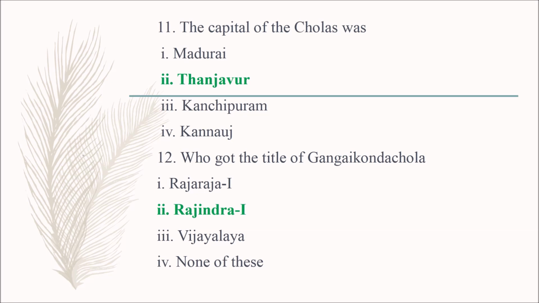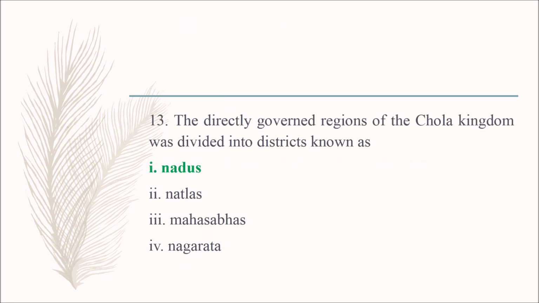Question number 12. Who got the title of Gangaikonda Chola? Option 1 Rajaraja the First, option 2 Rajendra the First, option 3 Vijayalaya, option 4 none of these. So the correct answer is option 2 Rajendra the First. Question number 13.